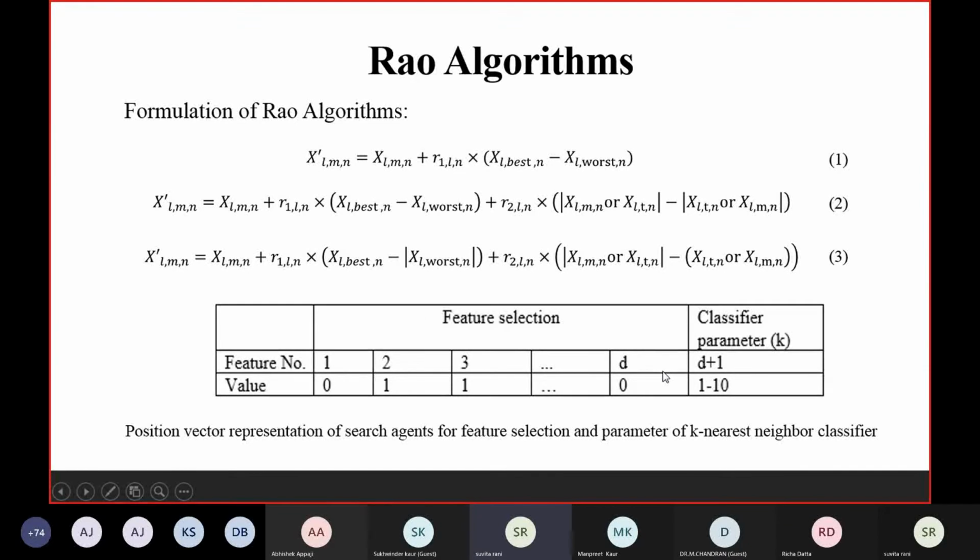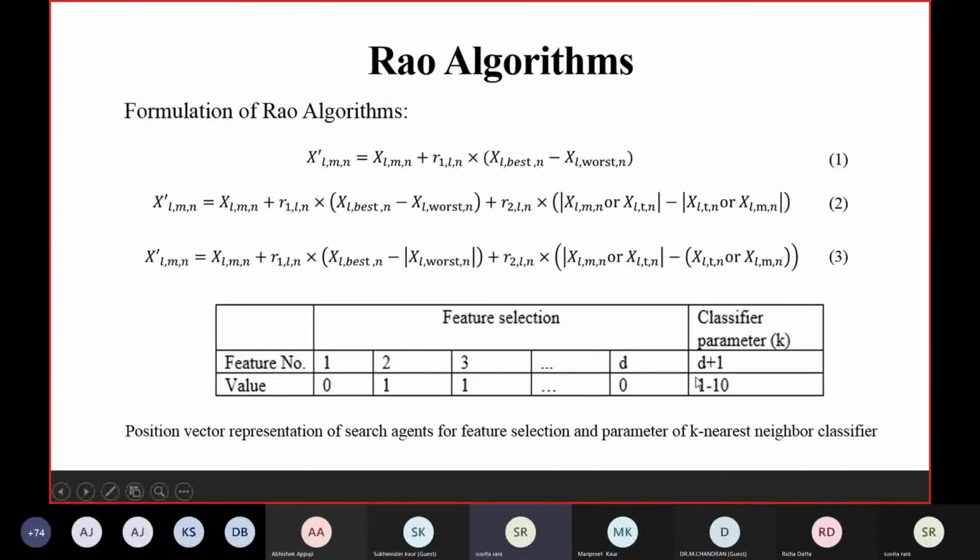If we have 22 features, then every search agent is basically a particular particle or agent that evolves around the search space of possible solutions and selects the optimal solution. And what is the dimension of that search agent? The dimension is equal to the number of features present in the data, plus one additional dimension for the classifier parameter tuning. And here we take the k value between 1 to 10.